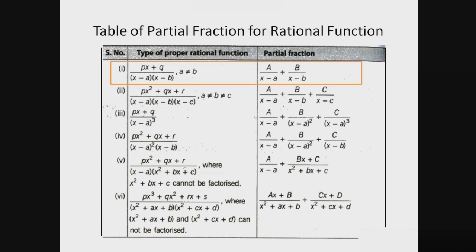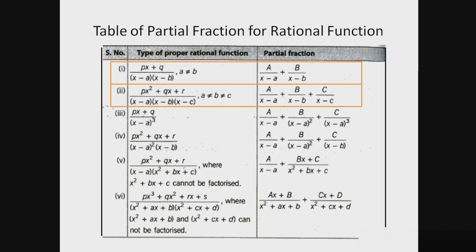We can convert it into two separate terms, which is A over x minus a plus B over x minus b. Number 2, let's say we have a polynomial over a triple product of linear factors. So we have A over x minus a plus B over x minus b plus C over x minus c.